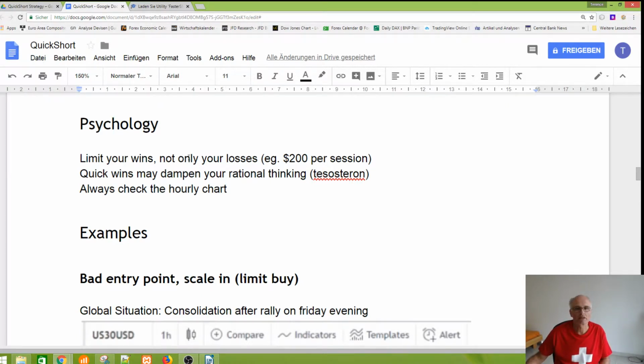With this method, you can accumulate large wins in 5 minutes, and you are so proud that you get $200 per 5 minutes that you can't think rationally anymore because of the testosterone.